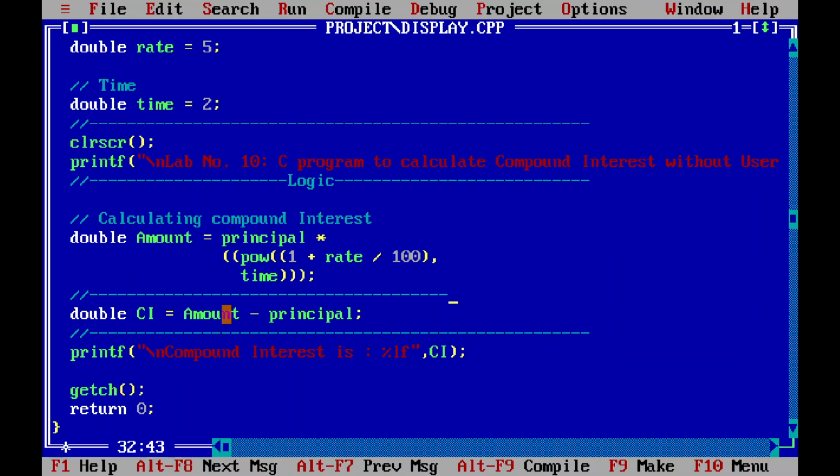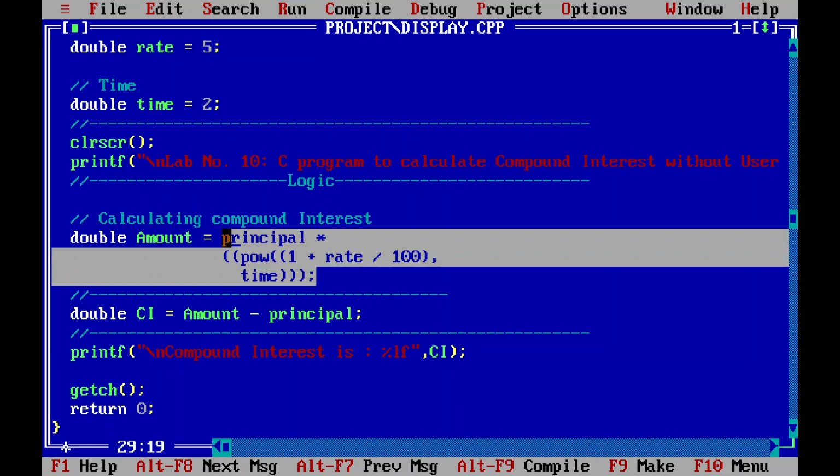This is for the total amount of value after a fixed tenure, and the formula is the principal into power of, you know that the time is actually the power, so 1 plus rate by 100 to the power of time. You can go through the formula part again if you are not able to recall this.